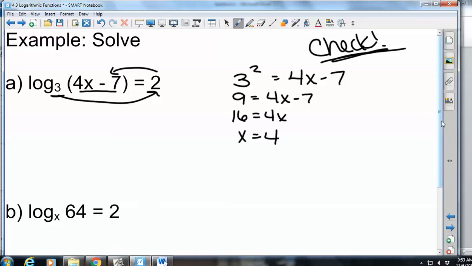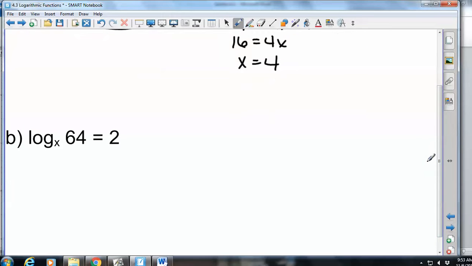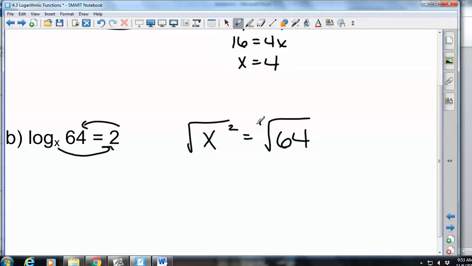So let's look at B. We change this to exponential. That means x to the second power is equal to 64. How do you get rid of a square? Square root. If you add a square root, what else do you need?